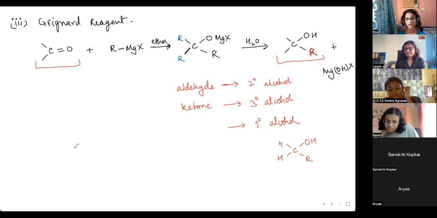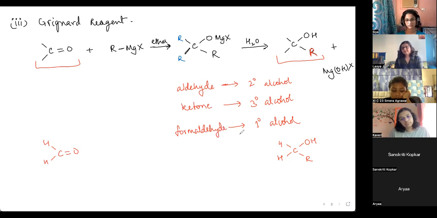So if we start with methanal, then we will get a primary alcohol. Right? So start with methanal, the aldehyde. That's an exception to aldehyde giving secondary. Only with methanal, because it has both hydrogens. Any other aldehyde that you take has an extra carbon chain, so this ends up being a secondary alcohol.